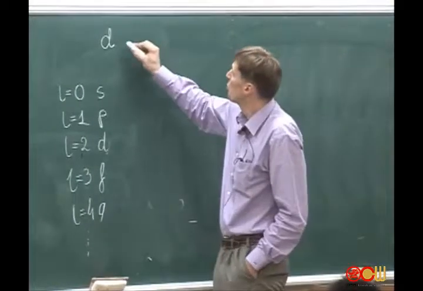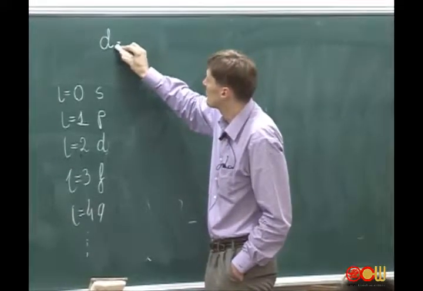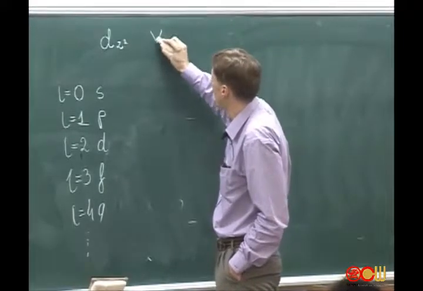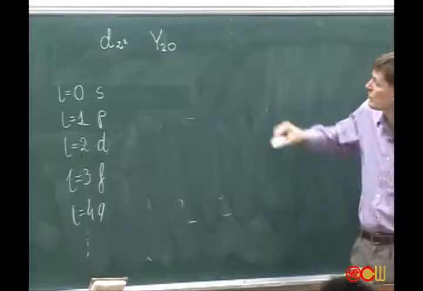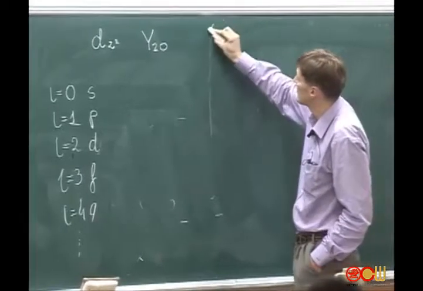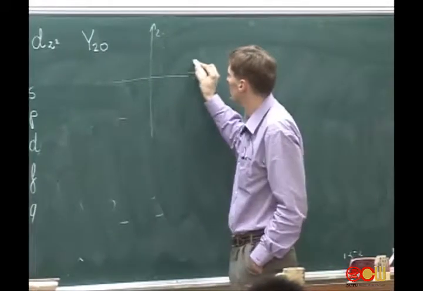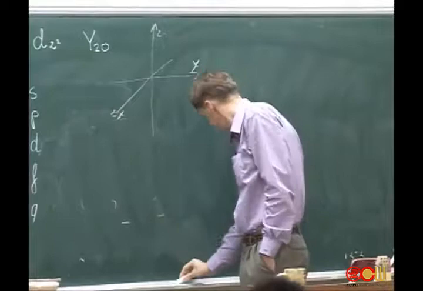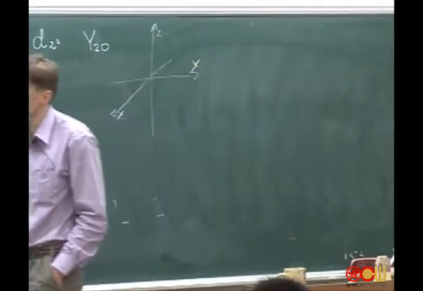So now we want to plot the function d, something that is called z square. That will be the function Y 2, 0. The function Y 2, 0 looks like that. If we have the axis z and the axis y and the axis x, the function looks very similar to the function pz.